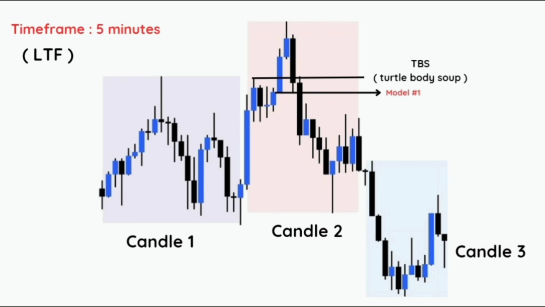And as soon as TBS and model 1 confirmation happened, the third candle starts to distribute without any fail. The reason behind this clean, perfect move was TBS, which means turtle body soup, which happened on the second candle with our model 1 entry confirmation.